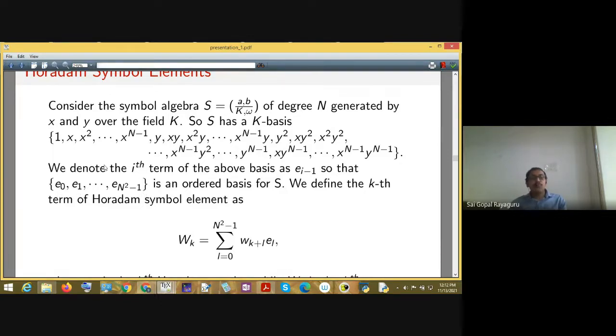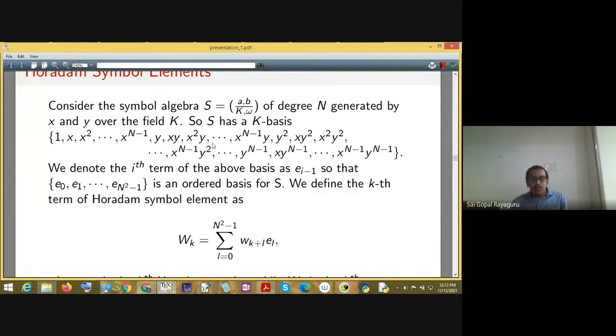But if someone changes the order of the basis elements, then the further computation, again as I told, will depend on the basis. We have to be very conscious while considering the basis, and what notation we are using for the ith term of the basis. We have to keep in mind the defined basis and the operations.